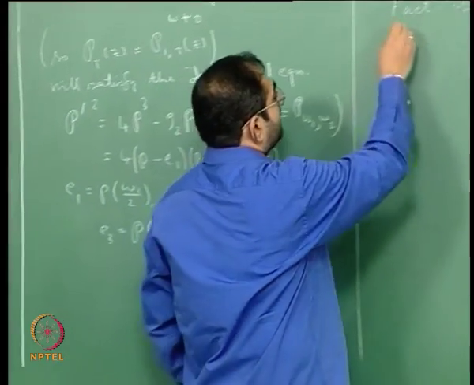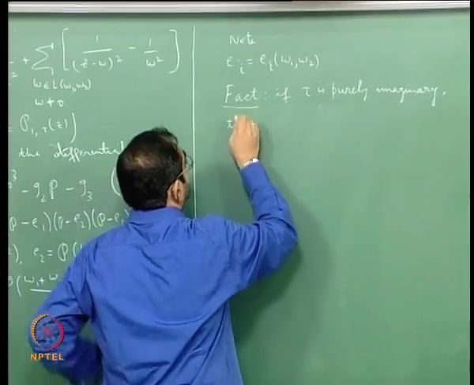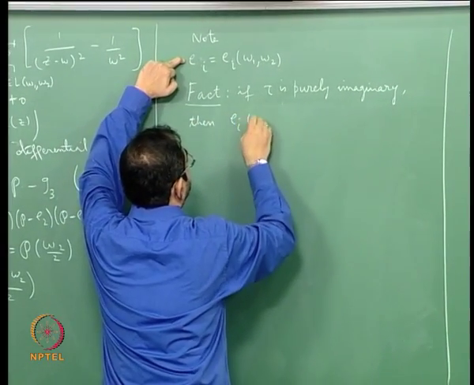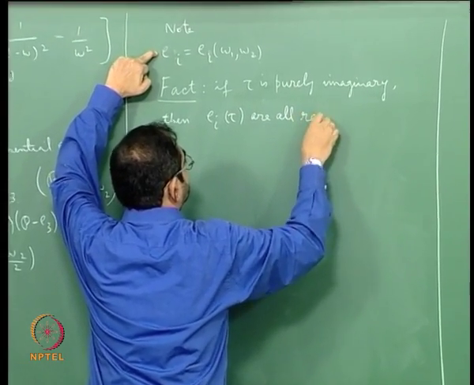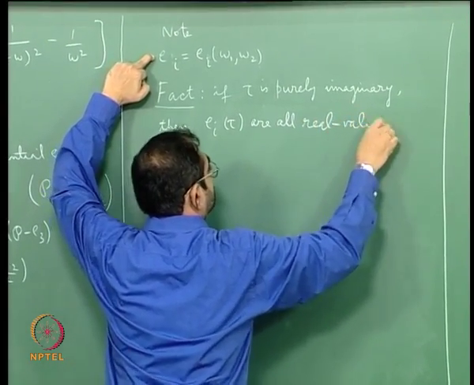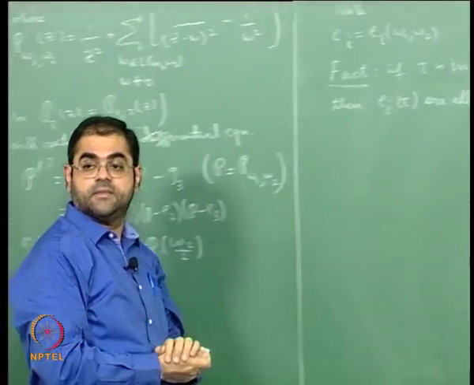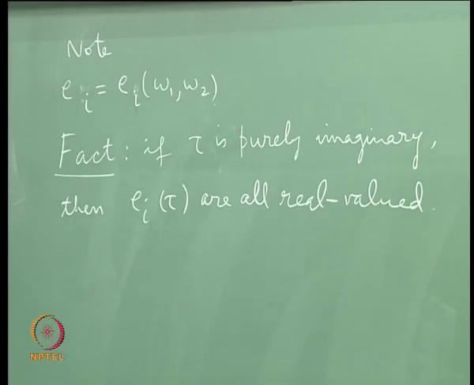Okay, then the E_i's of tau are all real valued. Okay, and what is the proof for that?